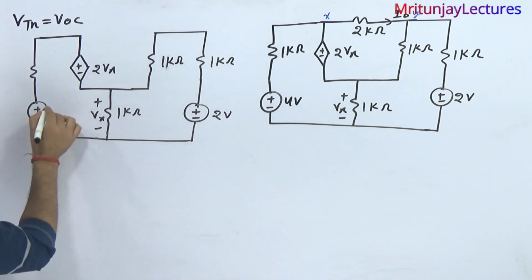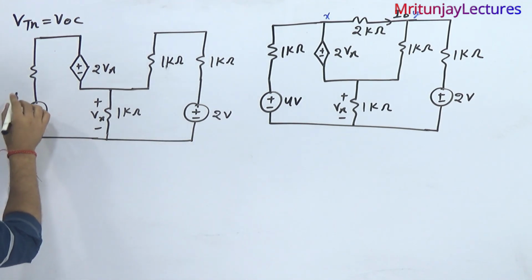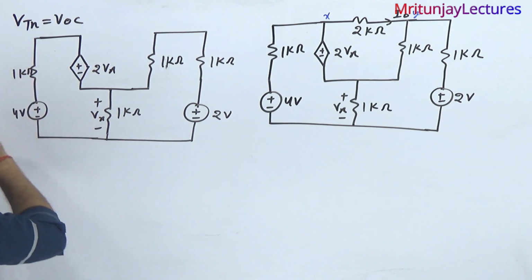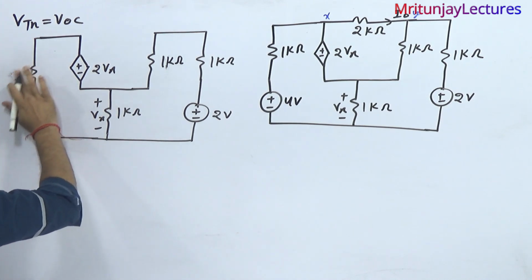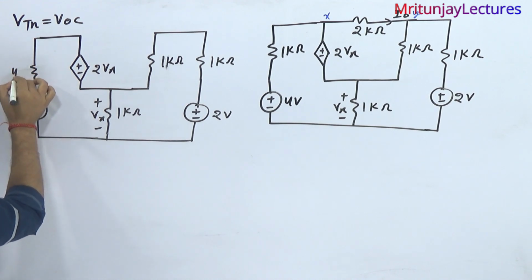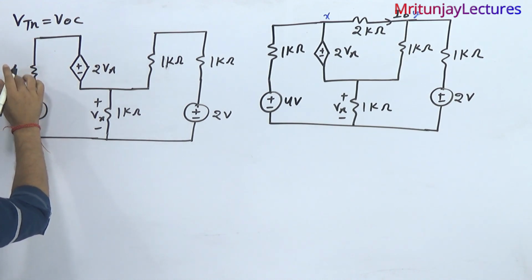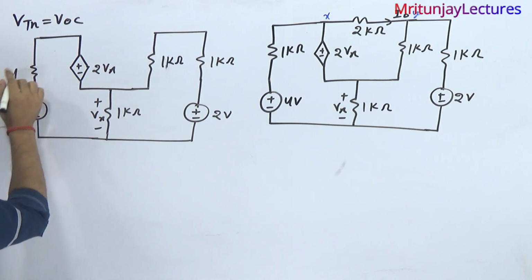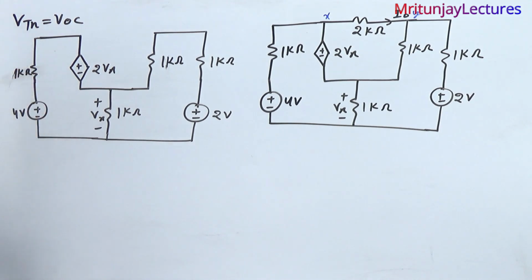Clear or not? That is 4 volt and that is 1 kilo ohm, simply 1 kilo ohm. Clear?